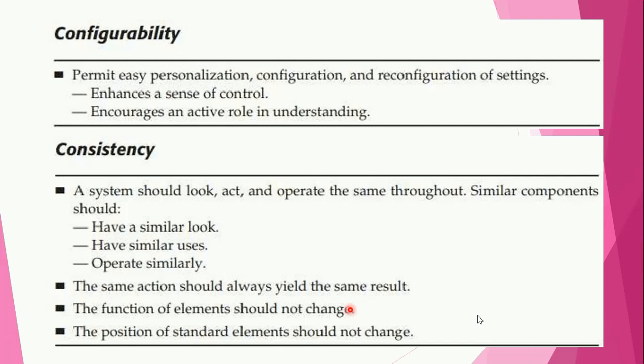And consistency is very important because it reduces the requirements for human learning. It allows skilled learners to learn quickly. So suppose Windows 7 was used earlier.